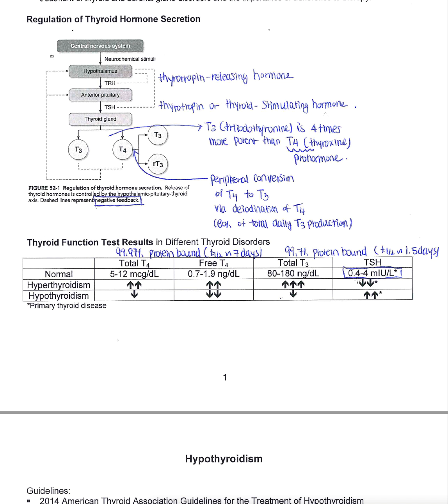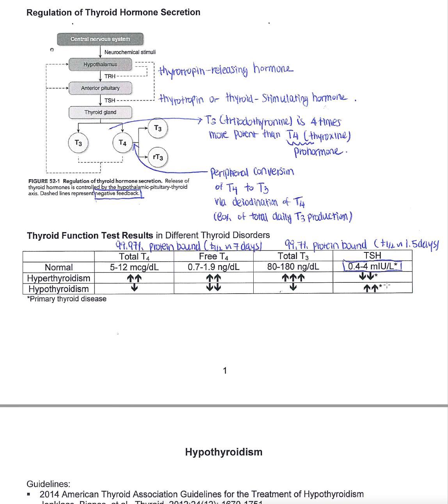The negative feedback goes back to the hypothalamus and pituitary, producing less TSH, trying to combat the high amount of T3 and T4. Whereas when TSH is elevated, that indicates primary hypothyroidism. There is a lot more TSH trying to combat the reduced amount of T3 and T4.